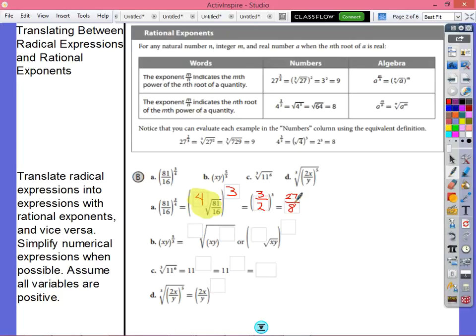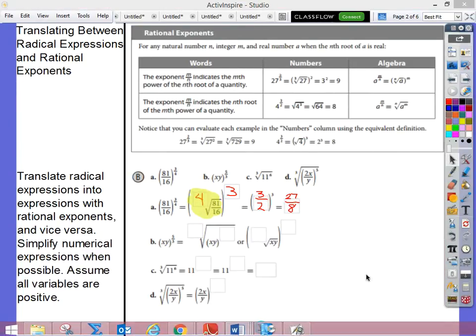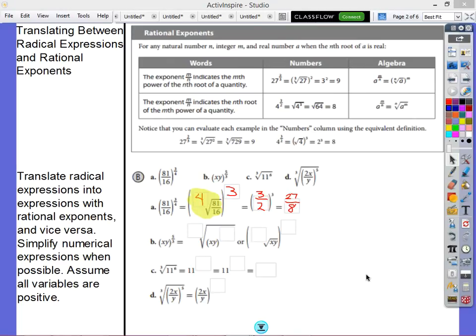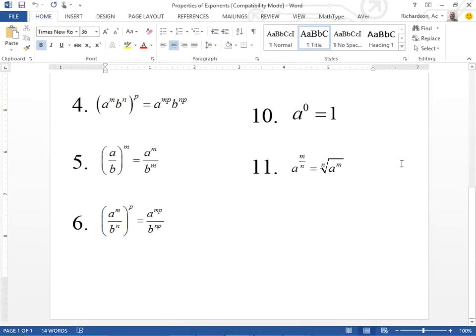Okay, so these rules that we're using to do this simplifying, you can get them by looking at this rules of exponents document that we should have. If you look at that document, here's the one that says if you have an exponent on the outside of a parentheses and a fraction on the inside, then that exponent needs to be applied to both the numerator and the denominator of that fraction.